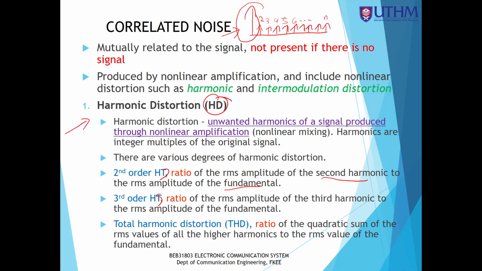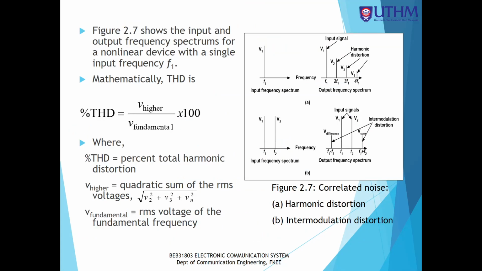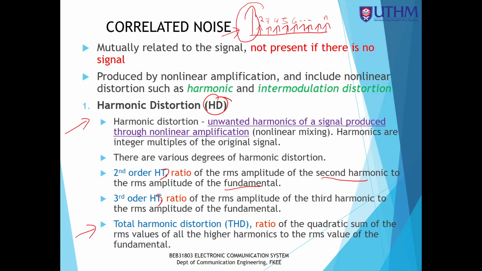We will see the calculations later. And then if we sum all the harmonic distortions, we get the total harmonic distortion, THD, the ratio of the summation of the RMS values divided by the fundamental value. So how to calculate this one?